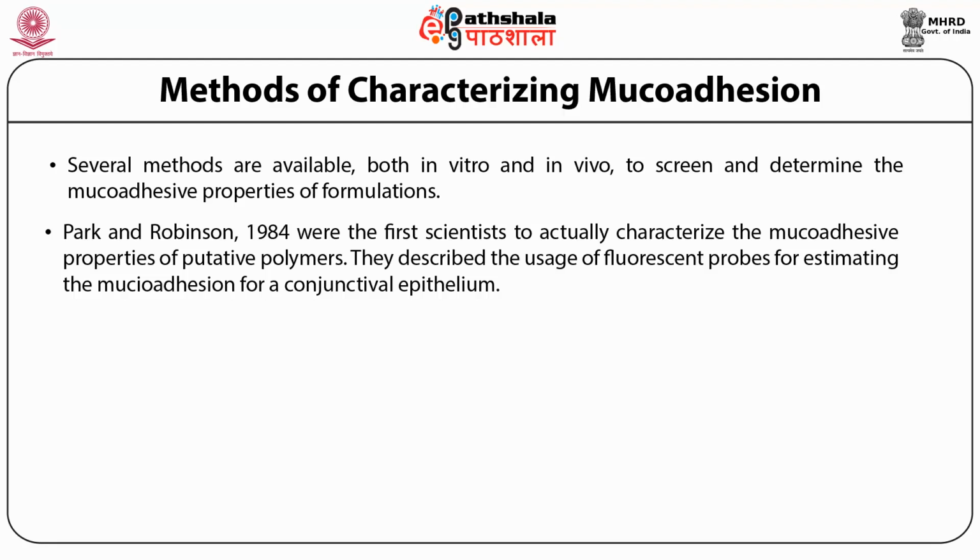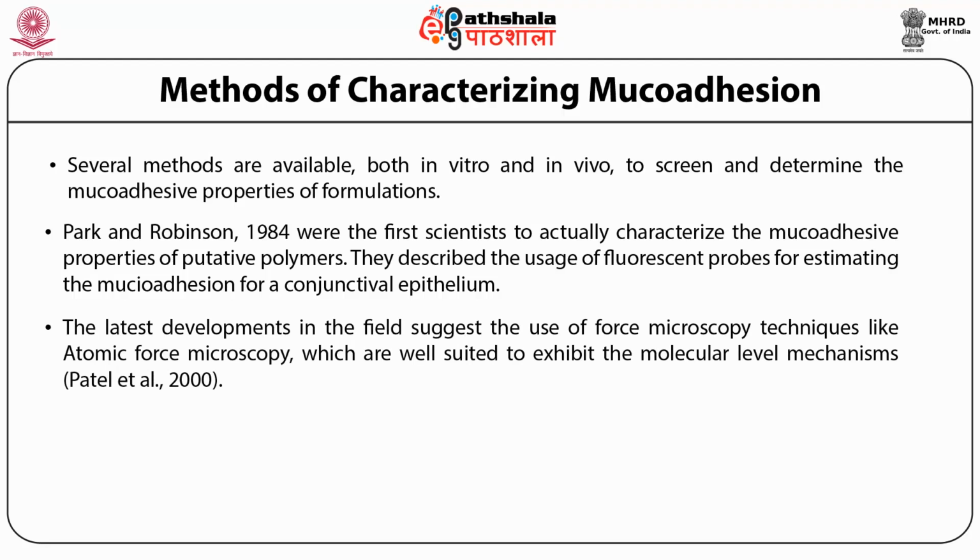They described the usage of fluorescent probes for estimating the mucoadhesion for a conjunctival epithelium. The latest development in the field suggests the use of force microscopy techniques like atomic force microscopy, which are well suited to exhibit the molecular level mechanisms.